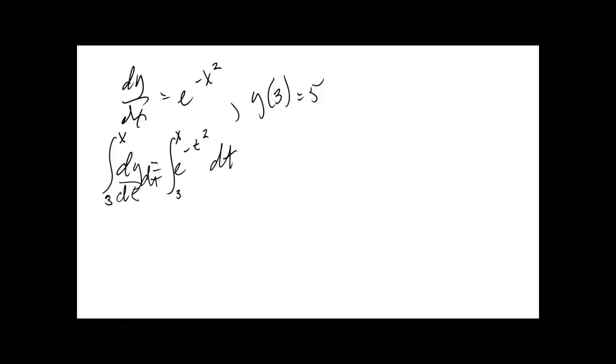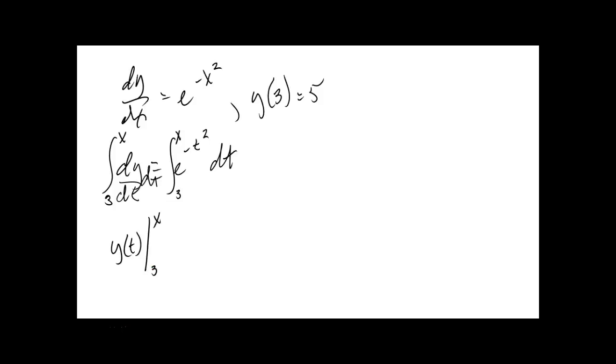Now, as you said before, the antiderivative of this thing is just merely y as a function of t now. Well, as a function of x. We'll put t for now, evaluated from 3 to x.